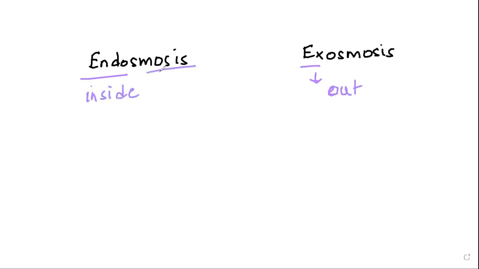So if I'm breaking down the word, endo means the water molecule is moving inside the cell, right? I can draw something like this. Versus if I am saying exo, out, which means the water molecule is going out of the cell. So exosmosis occurs. Again, you can make a rough diagram of this in your notebook if you haven't taken it down before.